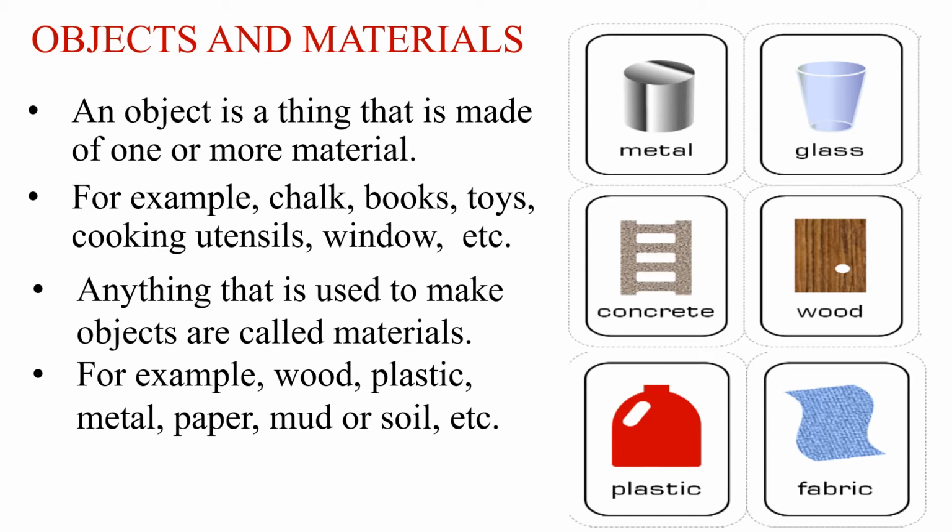For example, chalk, books, toys, cooking utensils, window, etc. Anything that is used to make an object is called a material. Wood, plastic, metal, paper, mud or soil are all examples of materials.